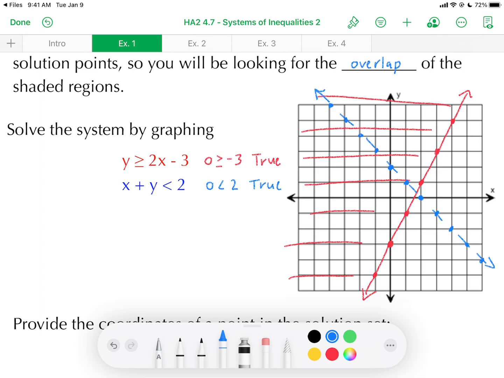So I would say, do I shade, let's call it below or above the boundary line? Yeah, below. Okay. And we are now looking for the overlap of red and blue regions, right? Which would be this section in here. And this is what I'm going to fill in a little bit better.